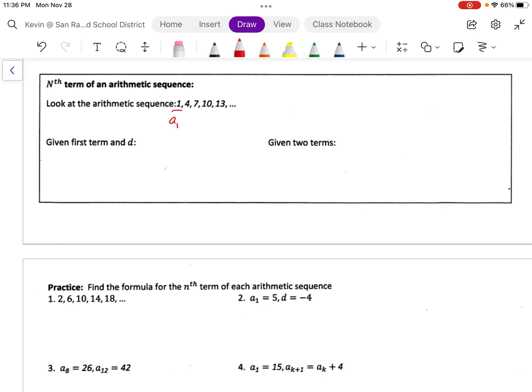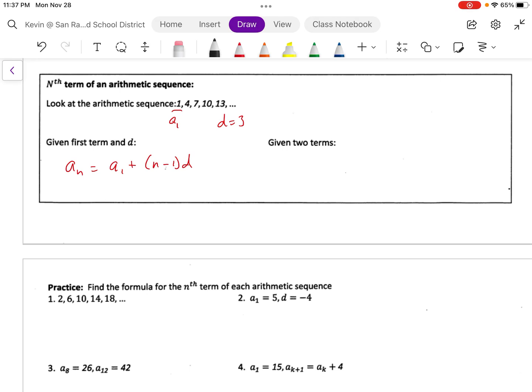And then we also figured out that the common difference was 3. So if we're given the first term and the common difference, it's going to be a sub n equals a sub 1 plus n minus 1, and that 1 designates the fact that we're looking at the first term, and then times d.